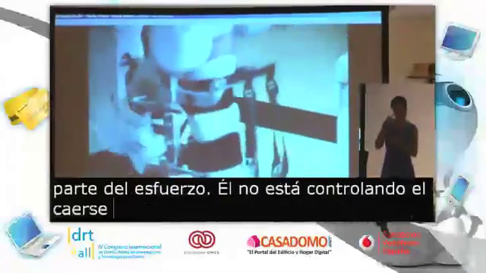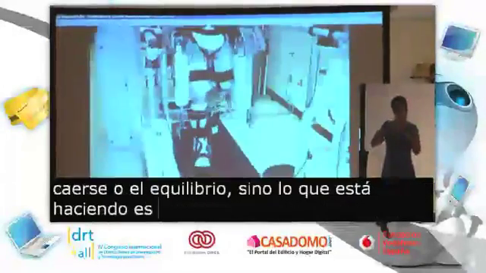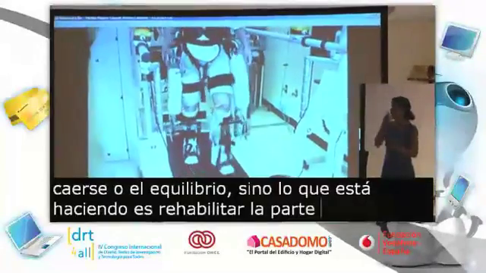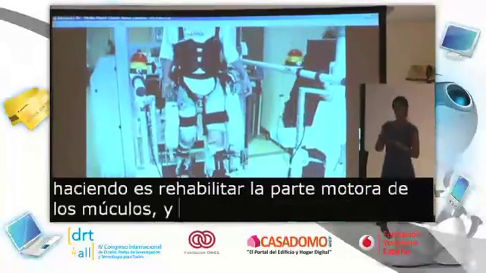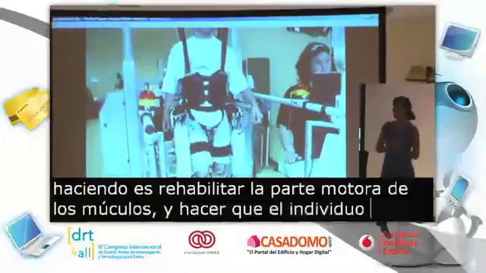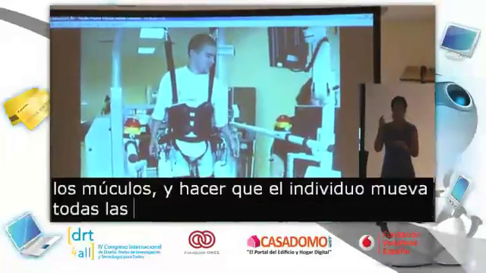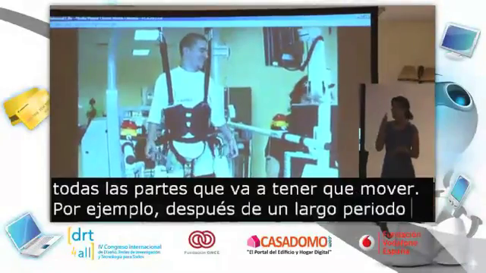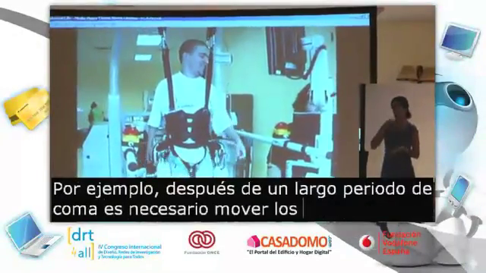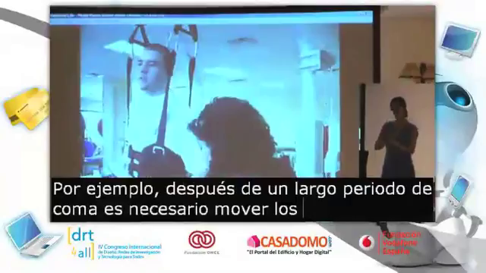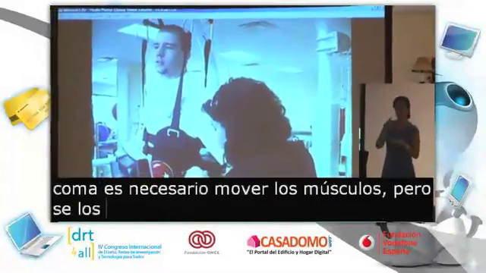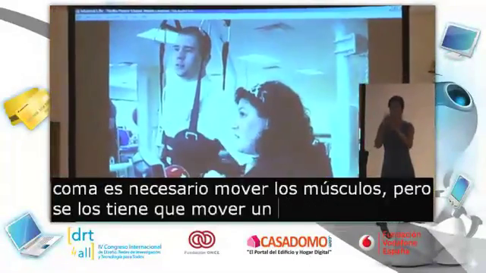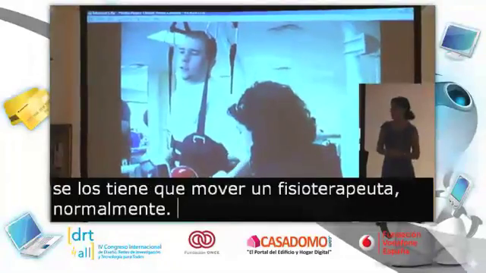The machine just rehabilitates the motor part of the individual, after a long period in a coma, for instance. Otherwise, a physiotherapist would have to move it manually. This one is a more natural way of rehabilitating the individual so that he moves and starts receiving the feeling back.